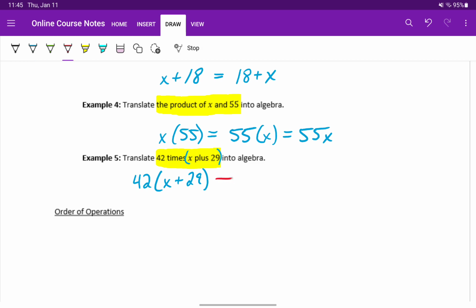And we want to note that this is a very different statement than saying 42x plus 29, which in words would be something more like the sum of 42x and 29. So this one gives us a little bit of a trickier problem where we have to infer the grouping of that quantity x plus 29.